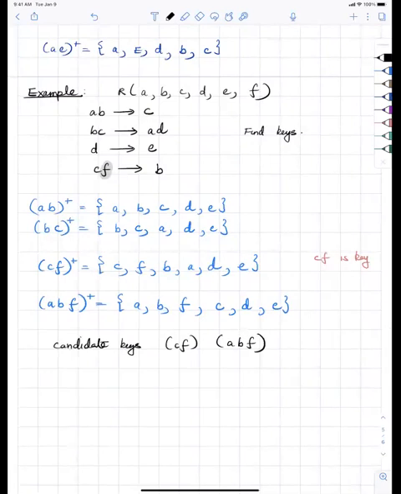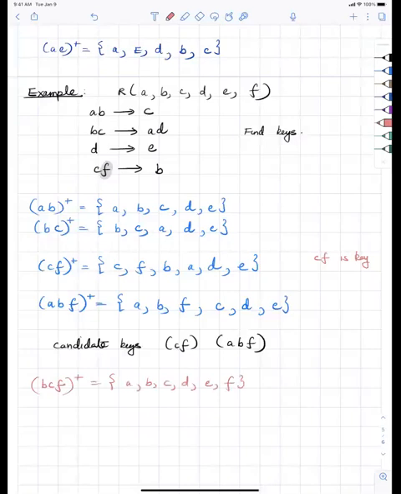So if you wrote BCF, with BCF also you'll get the entire thing on the right. But BCF is a super key because CF is a key, right?